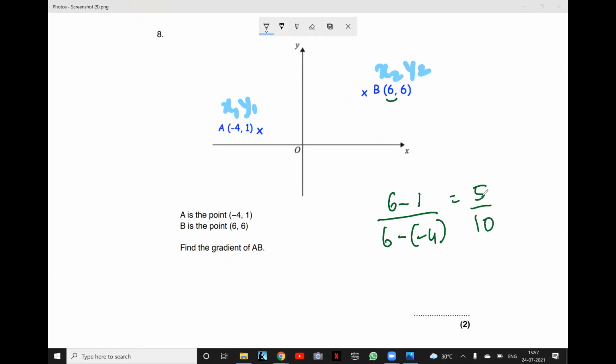So what is my gradient over here? It is 5 over 10, which is 1 over 2, which is half. You can give it as half, or you can say it is equivalent to 0.5, right?